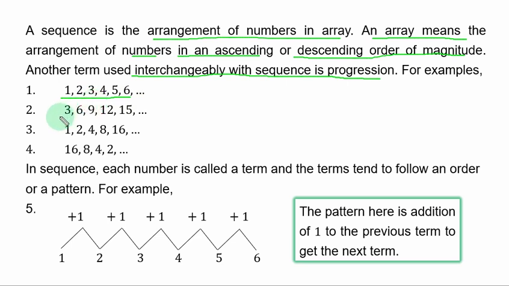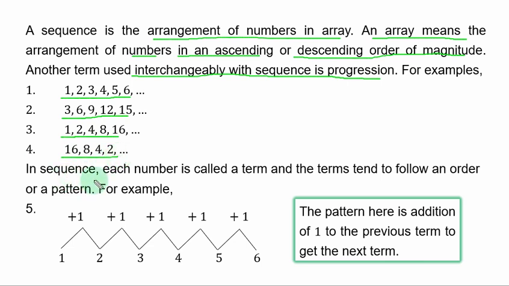Example 2, you have 3, 6, 9, 12, 15. Ascending order also. Number 3, 1, 2, 4, 8, 16. This is also ascending order. Number 4, 16, 8, 4, 2. This sequence follows descending order.